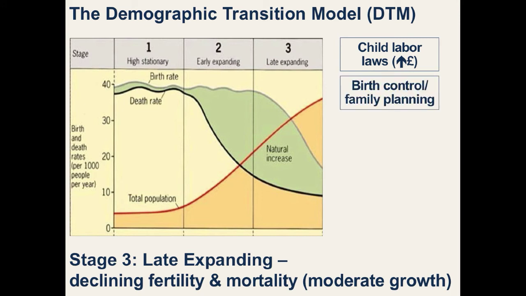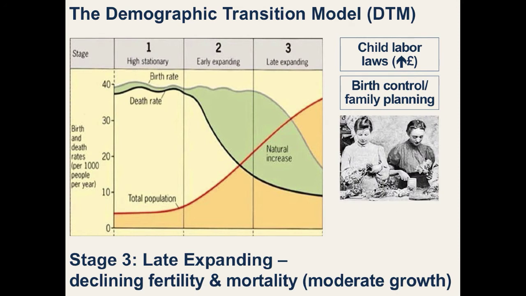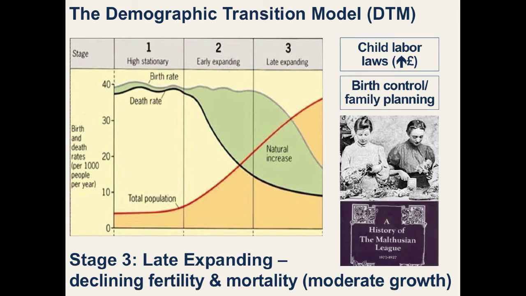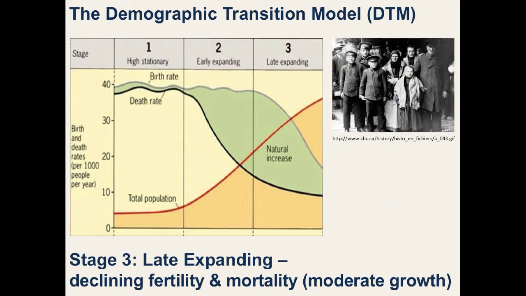Birth control and family planning became more commonplace. Opportunities for women slowly became more pervasive, leading many to think more about careers and less about childbearing. In fact, there was even a group called the Malthusian League that promoted smaller families throughout Britain. Furthermore, due to more modern transport technology, millions of people emigrated from overpopulated cities and regions to other places and other countries, relieving some population pressure.